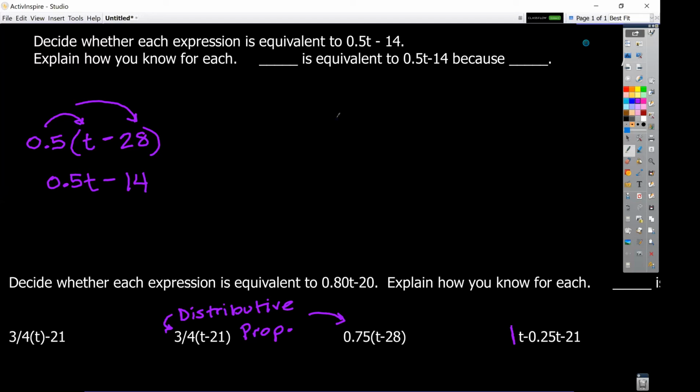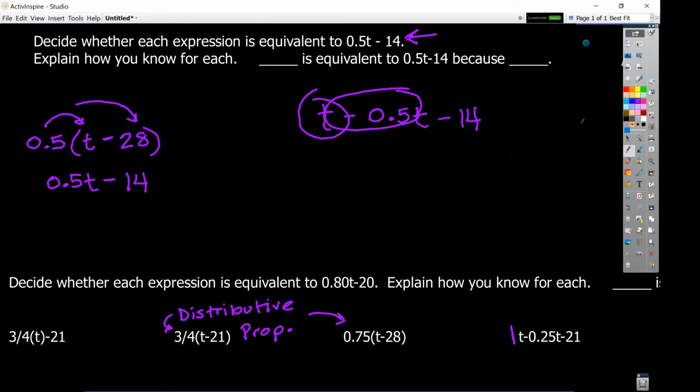All right, so let's create a similar expression for the example we've been working on right here. Okay. So if we have an expression that looks like this, t minus 0.5 times t minus 14. Let's combine like terms here. We've got this guy and we've got this guy here.